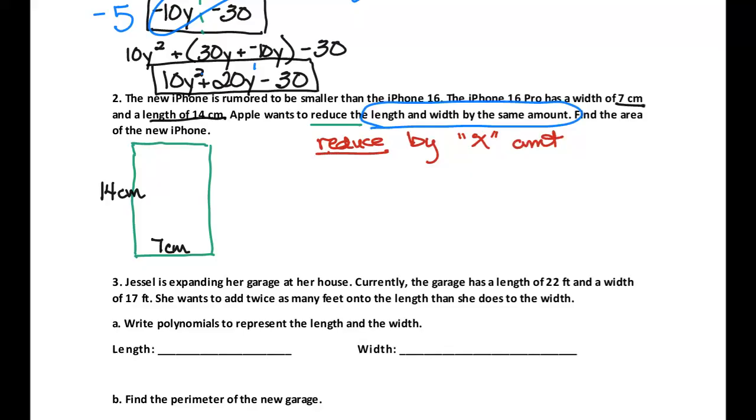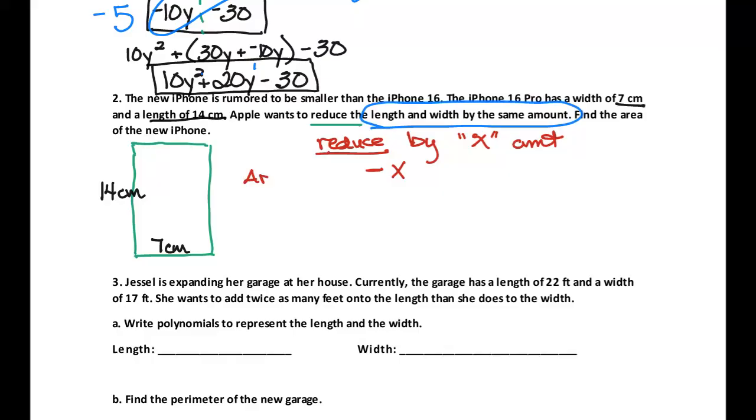We're going to reduce. And when I reduce, that means I'm going to use what operation? How else do you reduce things if you make them smaller? Subtract, right? So we're going to reduce by X. Okay. So find the area of the new iPhone.